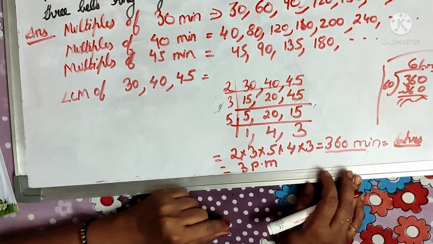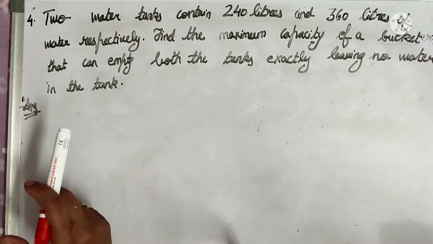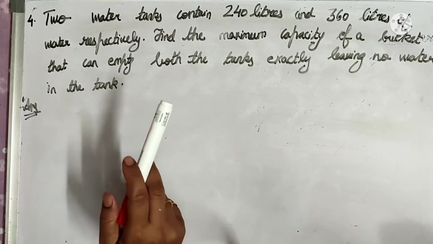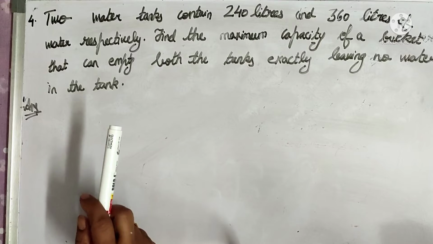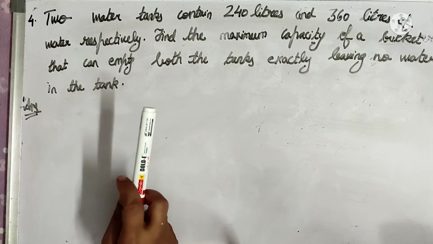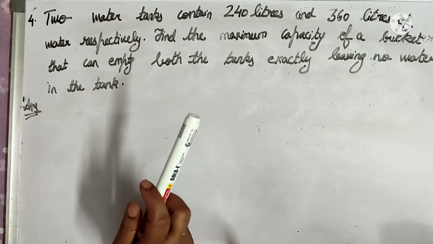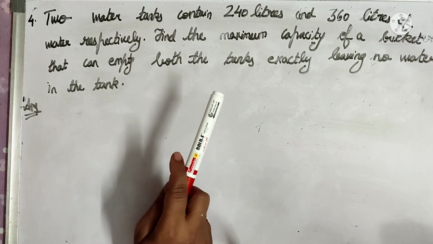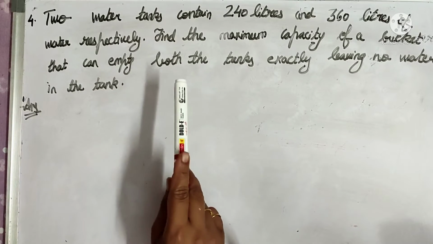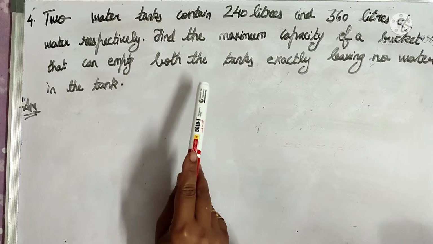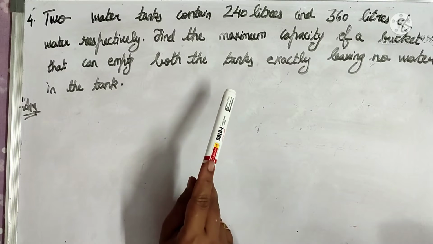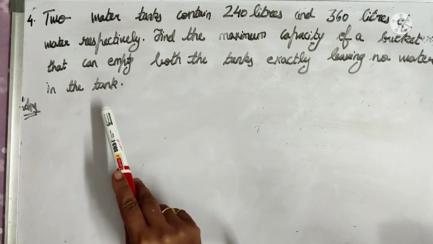Okay. Now the next question is, 2 water tanks contain 240 liters and 360 liters of water respectively. That is, there are 2 water tanks, and the capacity of one water tank is 240 liters and the capacity of the other water tank is 360 liters. Find the maximum capacity of a bucket that can empty both the tanks exactly, leaving no water in the tank.